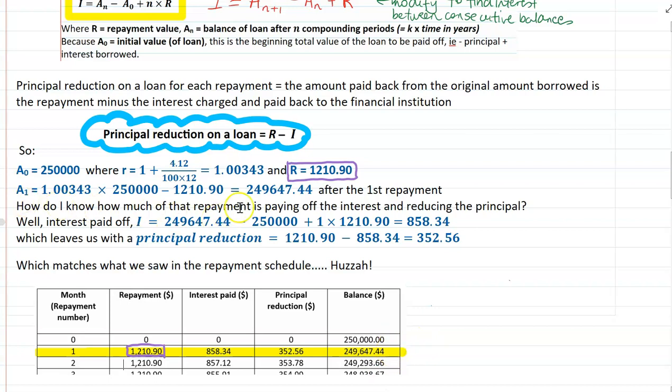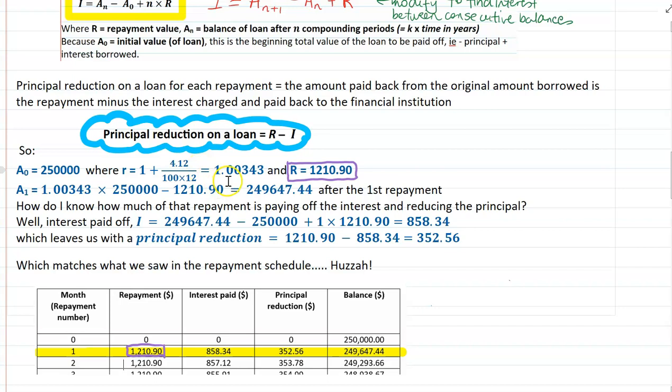To do that, we simply use the recursion formula, and I needed to work out that rate, which was 1 plus the interest over 100 times the K value, where the K value was 12 because there's 12 months. So that gives us a rate, and this is a rounded rate. You have to be very careful of using these in your calculator.